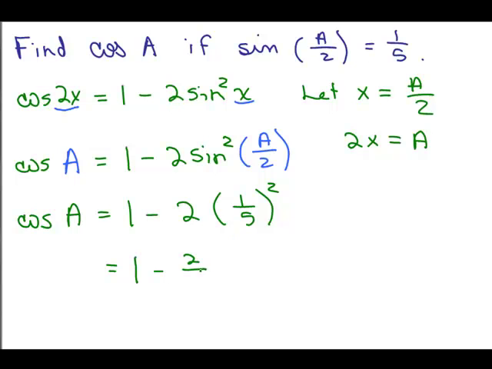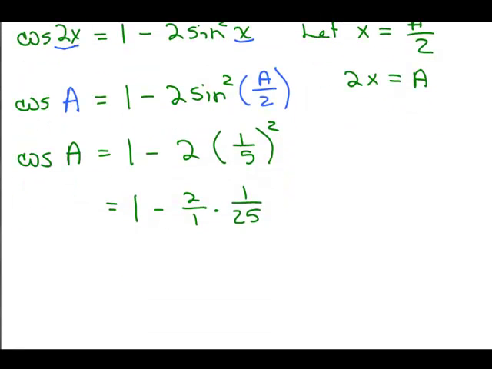I'm going to write that as 2 over 1 times 1/25. There's going to have to be a common denominator of 25, so this would be 25 over 25 minus 2 over 25. And my answer is 23 over 25.